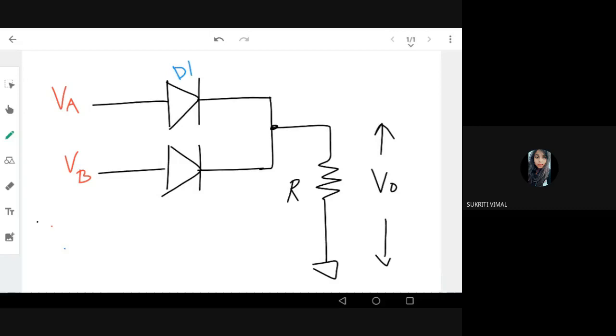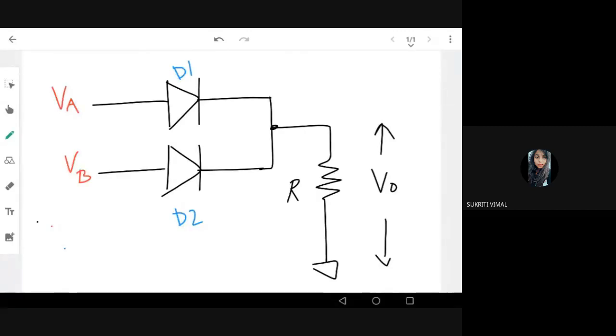This is diode D1, this is diode D2. Can you just see the circuit and tell me what kind of circuit this is?